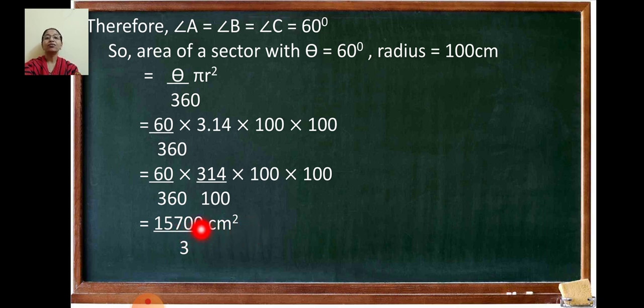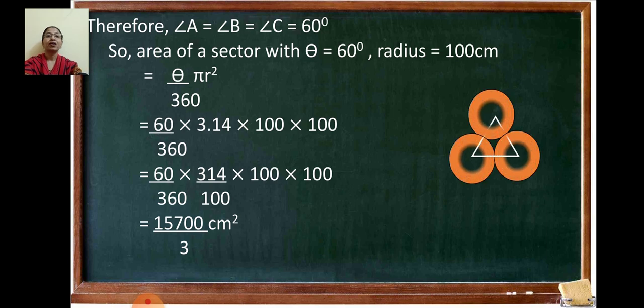And do not convert this ratio into decimal form, as we are going to multiply this ratio by 3. Why? Because there are 3 such equal sectors. So to get their areas, we will multiply this area of one sector by 3. So automatically 3 and 3 will get cancelled.